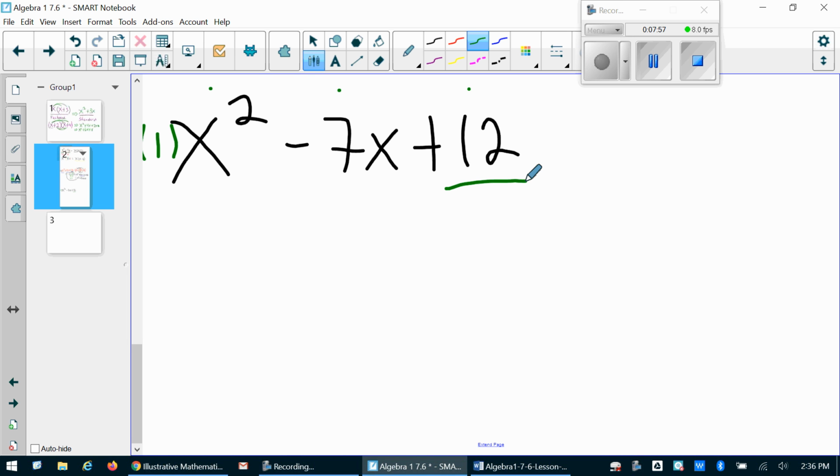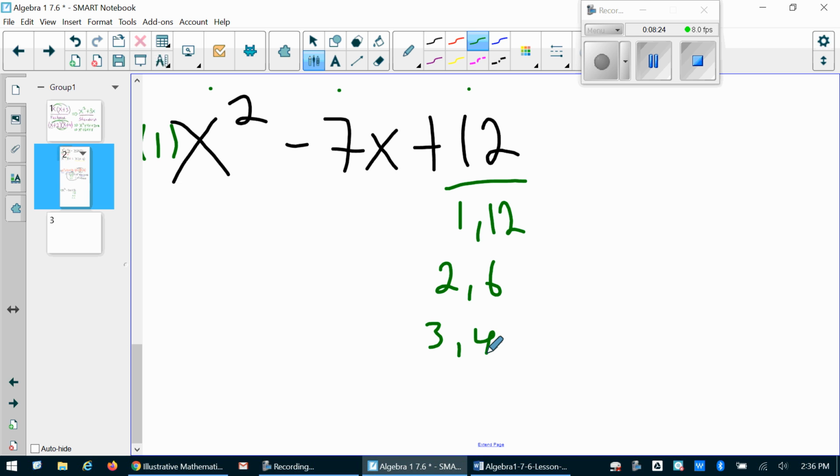I want you to start off by continuing to write the factors of 12. 1 and 12. And again, the term factors means numbers that are part of a multiplication problem. Well, none of those add up to be 7. We have -7 there, but all of these add up to be positive numbers.